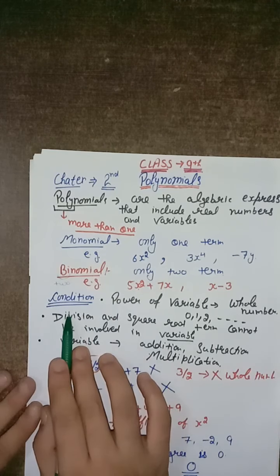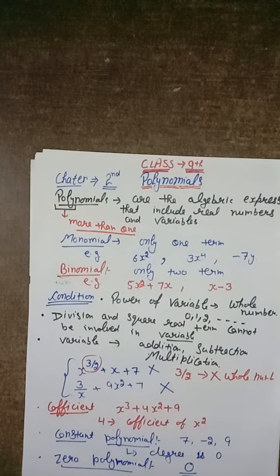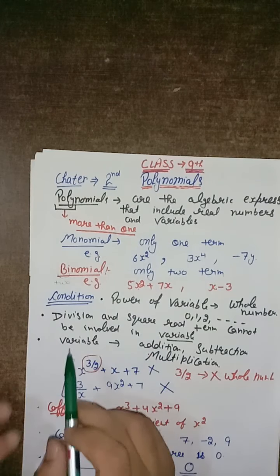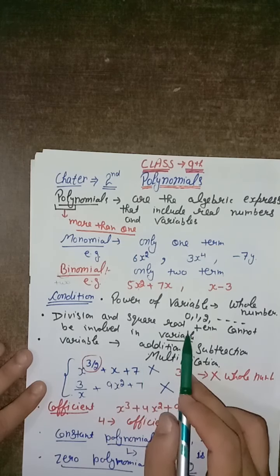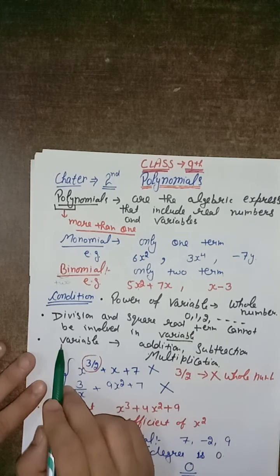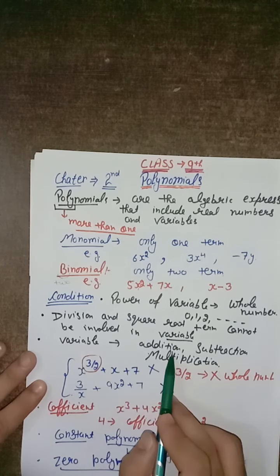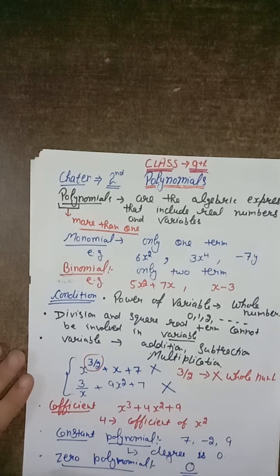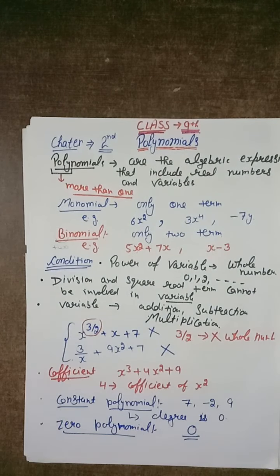Now conditions for polynomial. First condition is power of variable should be a whole number, and second condition is division and square root terms cannot be involved in the variable. Third condition is variable should be in addition, subtraction and multiplication. Then we discussed coefficient. Coefficient means the numeric value written before x², x³ respectively. They are known as coefficient of x² or x³.